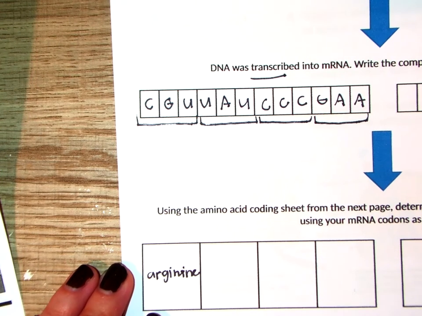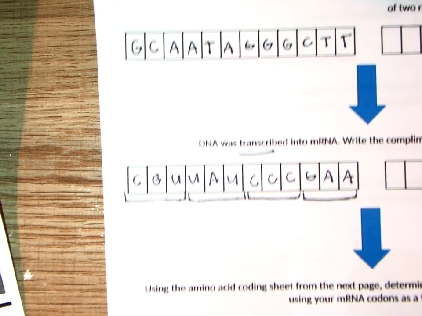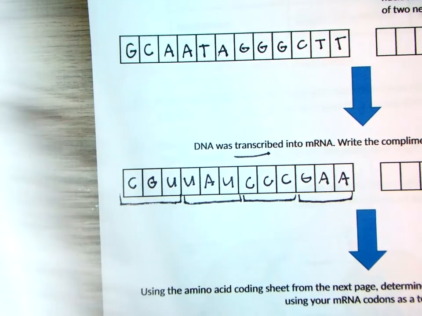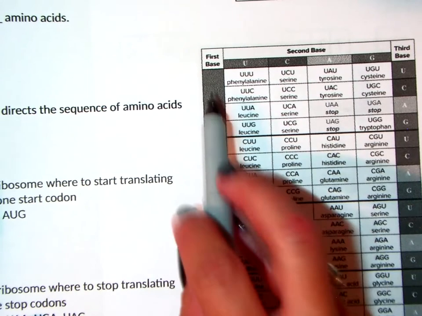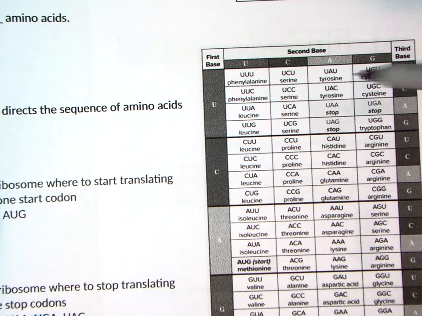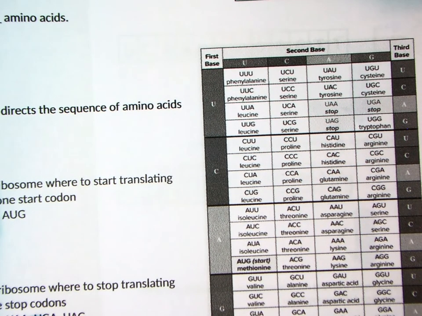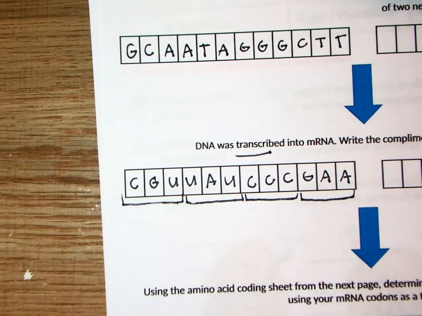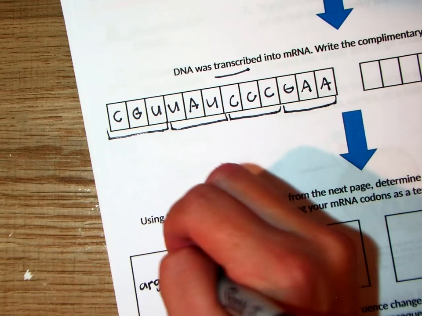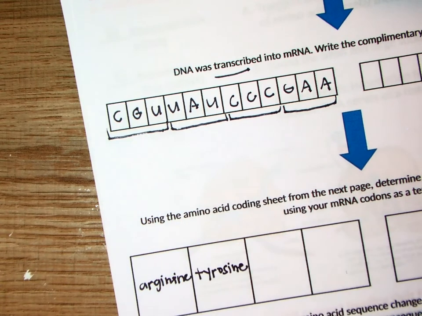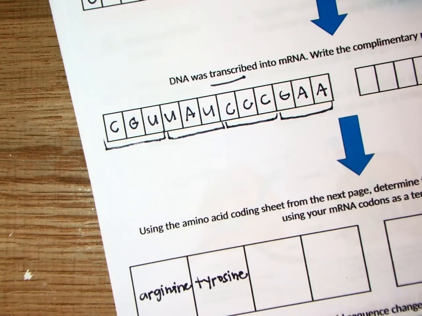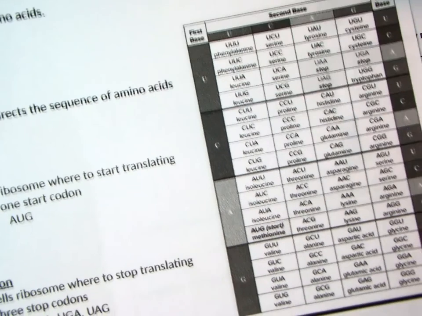Okay, and our next codon is UAU. UAU, that's tyrosine. And then next up we have CCC. What a fun one.